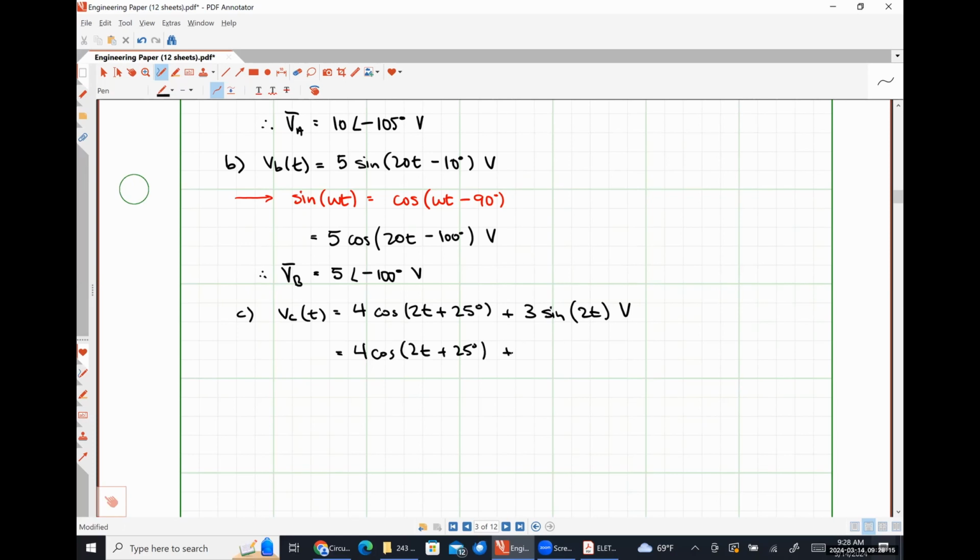How are we going to change that 3 sine 2t into a cosine function? Minus 90 degrees, right? So that's going to look like 3 cosine 2t minus 90 degrees.